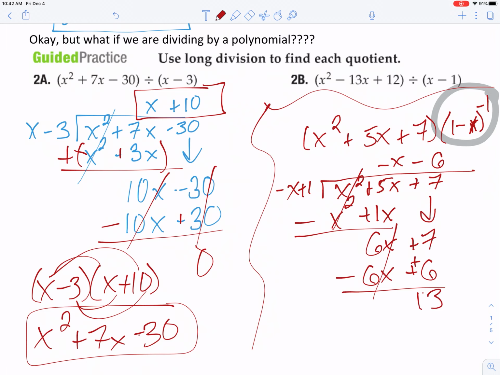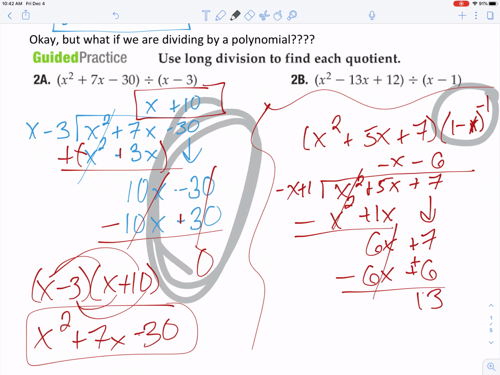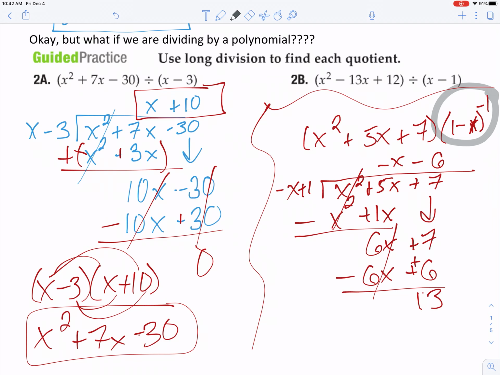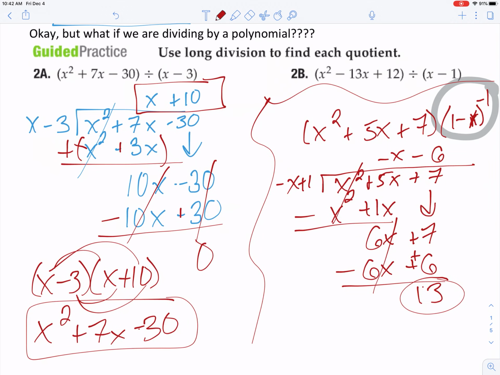So this time, the way you know that you're done is when you've dropped down everything there is to drop down. So like on this left problem over here, there was nothing left to drop down. Same thing over here. There's nothing left to drop down. So what we're going to need to do is call this our remainder. Remember remainders? And this is super easy.